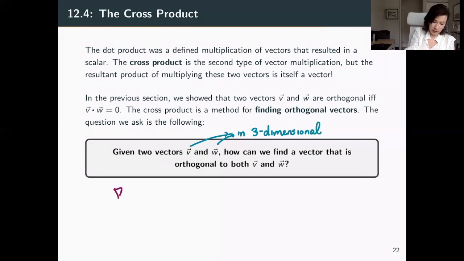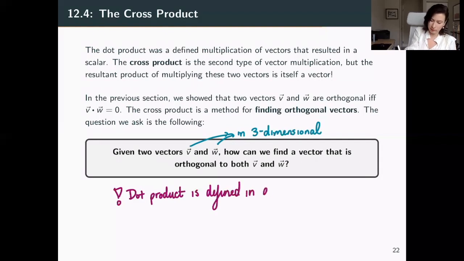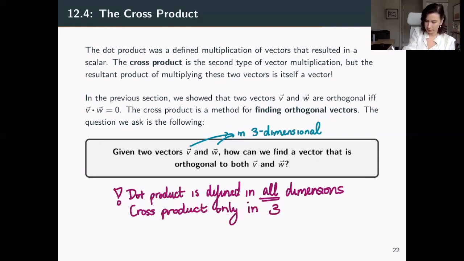Always note that the dot product is defined in all dimensions, whereas the cross product is only defined in dimension 3. So cross product only in dimension 3.